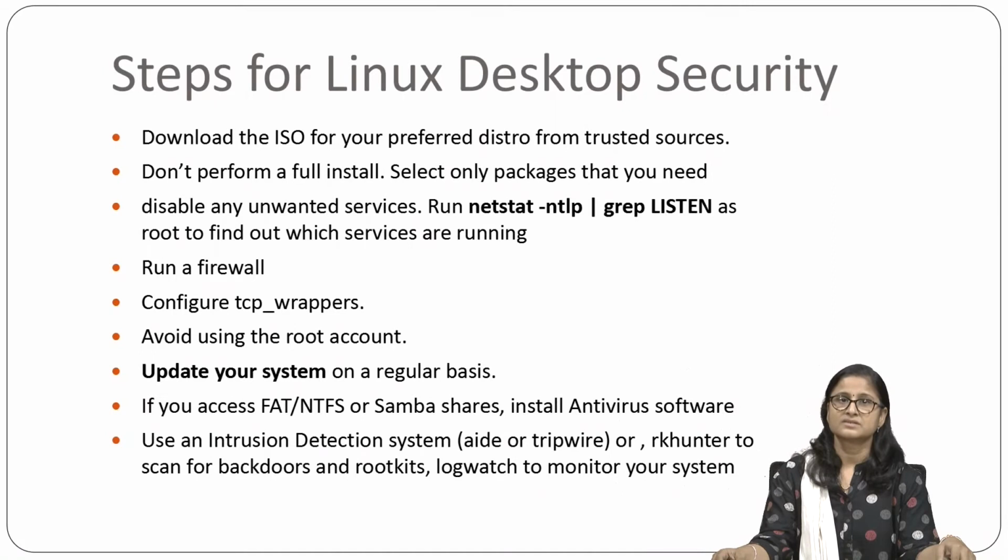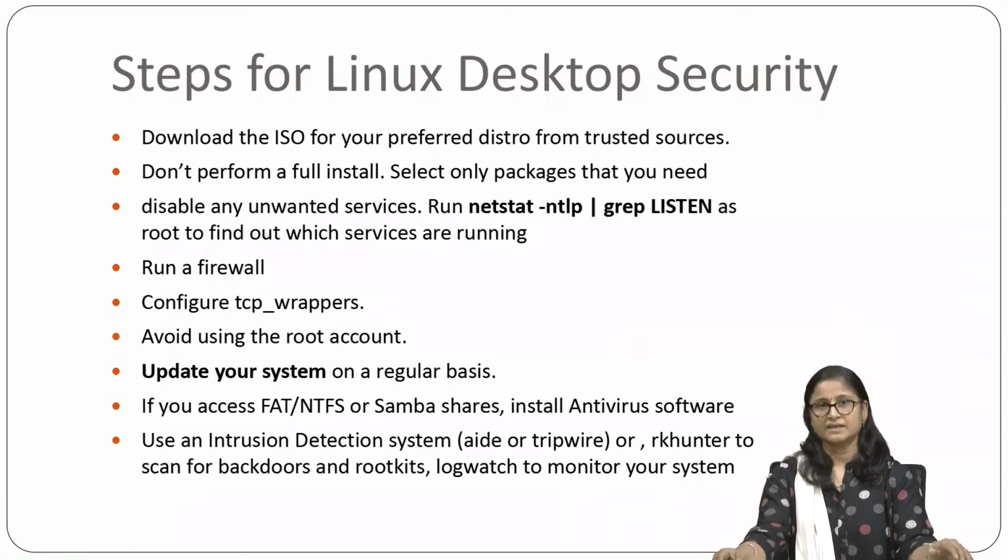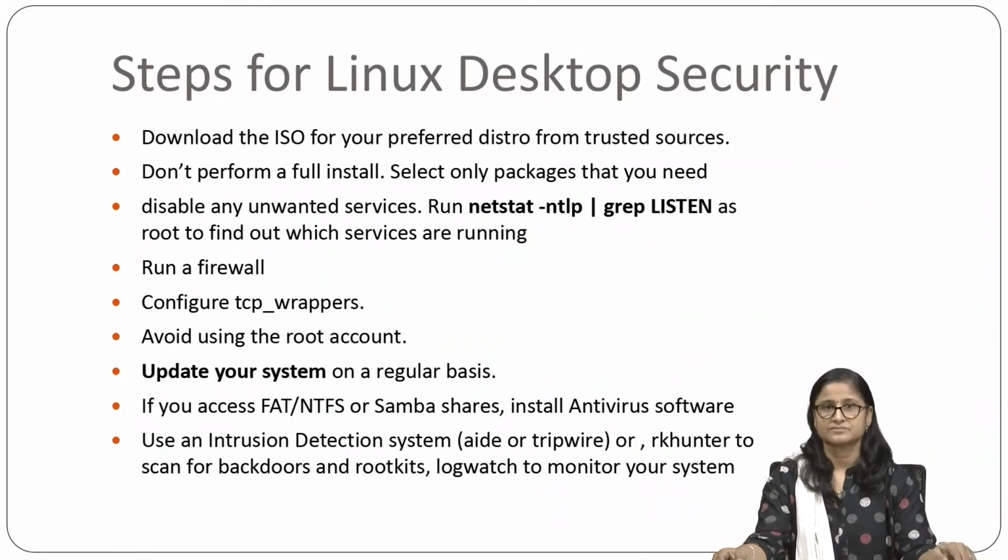We should run the firewall. Either you can use a distribution-specific GUI or configure it yourself. The firewall is a must-have security measure if you have an active network connection, as it drops unnecessary traffic and blocks possible intruders. We should configure the TCP wrappers.